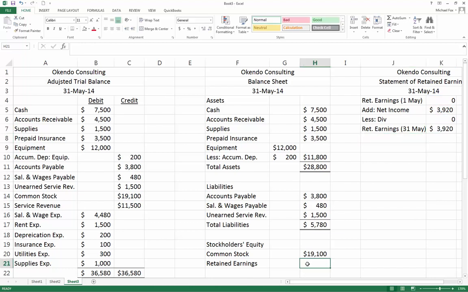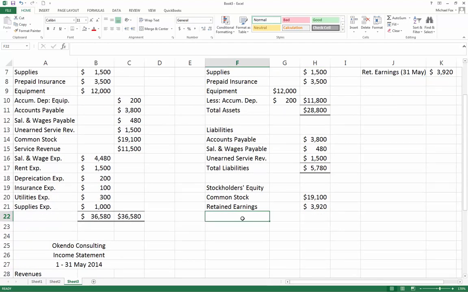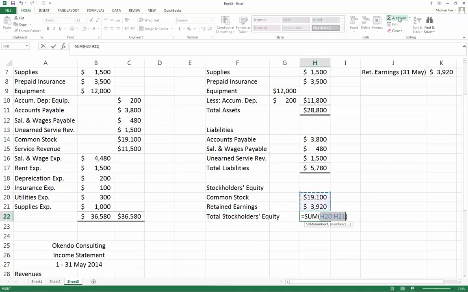So our new retained earnings total would be the sum.